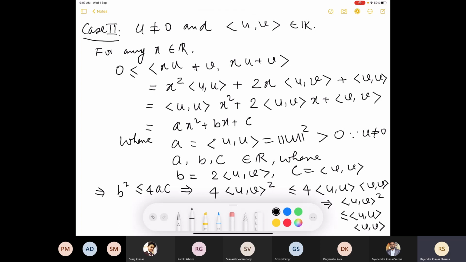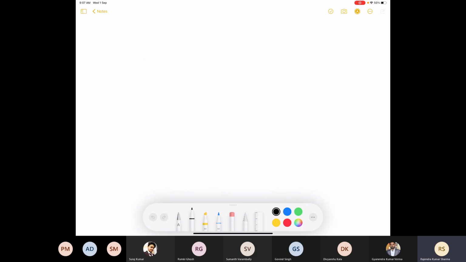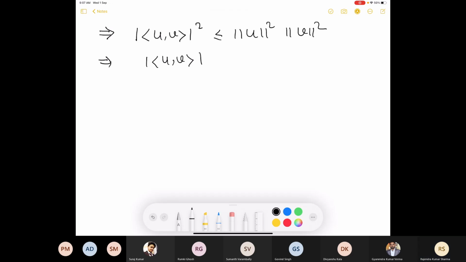So this is norm u squared, this is norm v squared. So (u, v) squared is less or equal to norm u squared norm v squared, and that means |(u, v)| is less or equal to norm u times norm v. So this is the case when u is not 0 and (u, v) is a real number. And this is the Cauchy-Schwarz inequality in case 2.